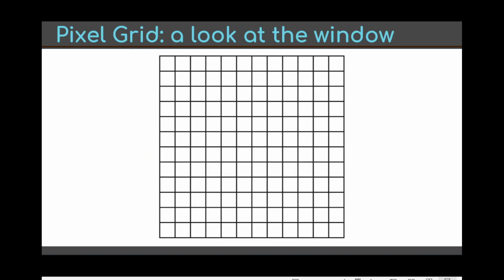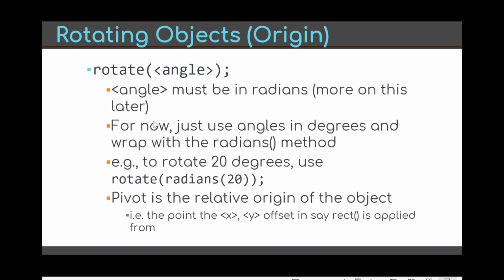All right, this is back to our pixel grid view of the world, where 0, 0 is at the top left. 0, 1, 2, 3, 4, etc. 0, 1, 2, 3, 4. So let's take a look at this. So we also have rotate. So you can take that ellipse and skew it.